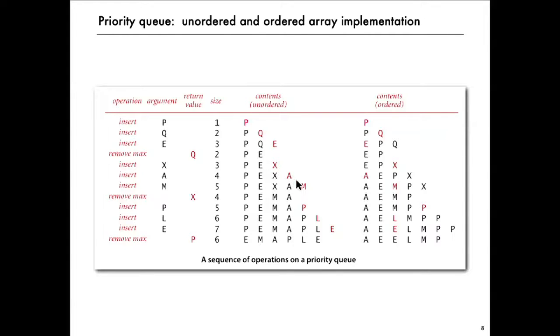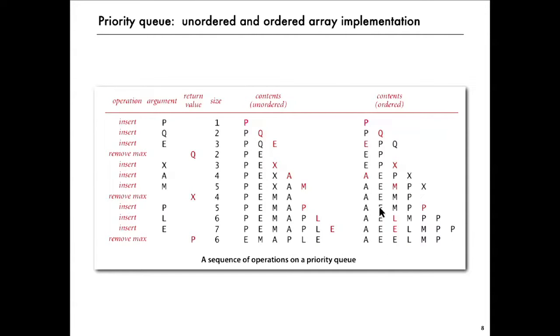We put a new item at the end of the array and remove it from the end of the array, or you could do it in a linked list. And then when it's time to remove the maximum, you have to scan through everything to find the maximum. So that's one way. You could implement this with a linked list or with a resizing array.